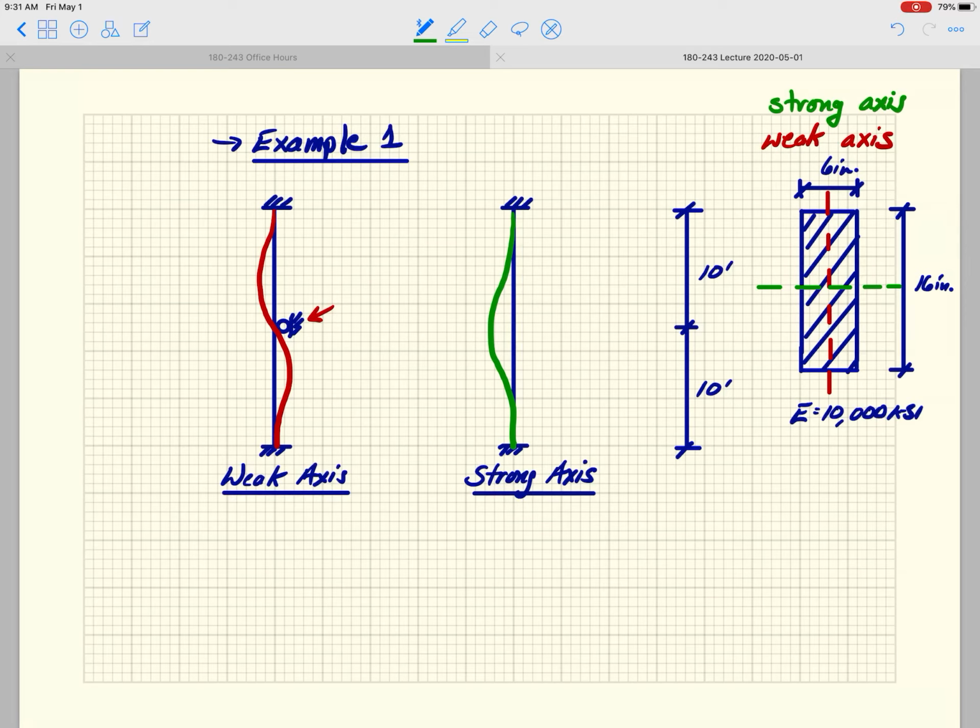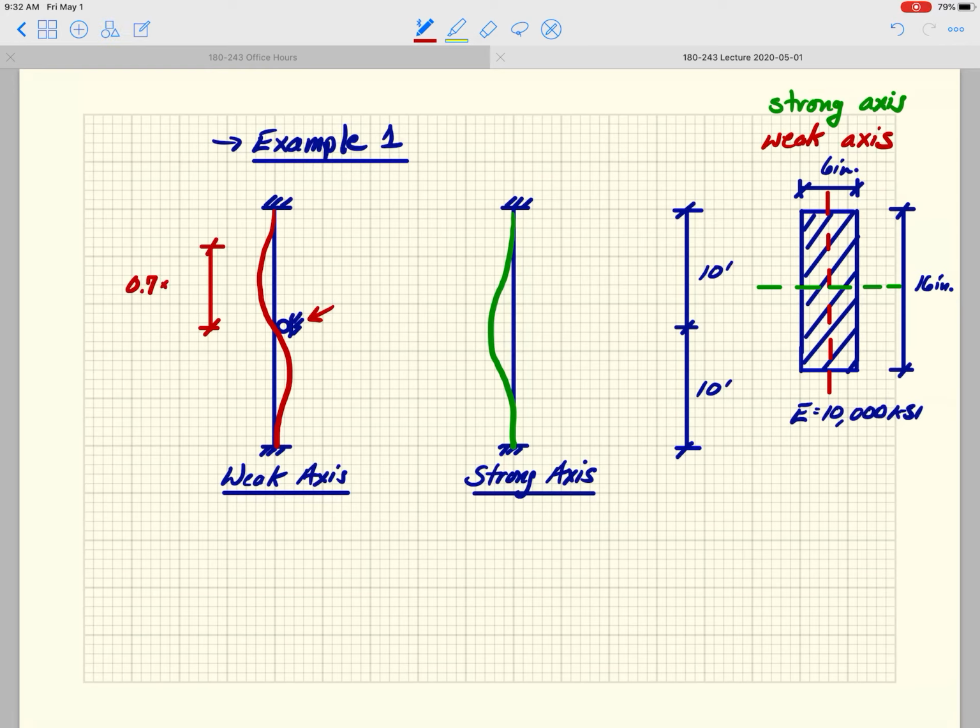So for the strong axis, K is going to be 0.5 because it's fixed, but the overall length is going to be 20 feet. And for the weak axis, K is going to be 0.7, but the overall length is just going to be 10 feet, because I'm going to say that it buckles across this area here.